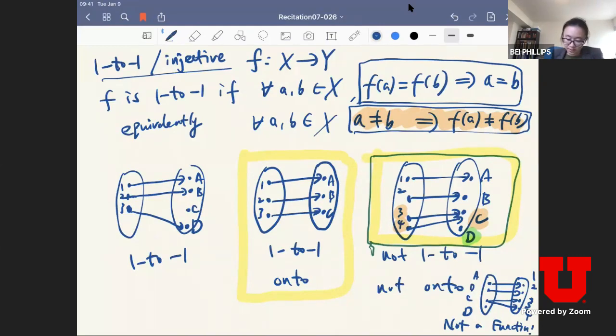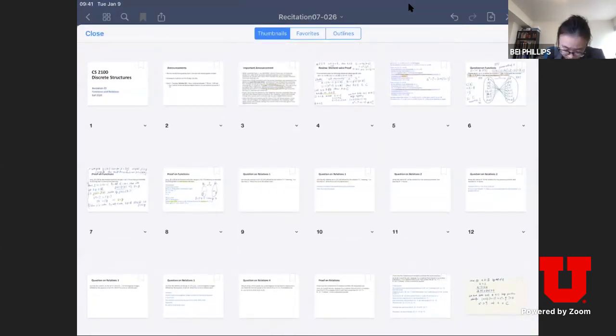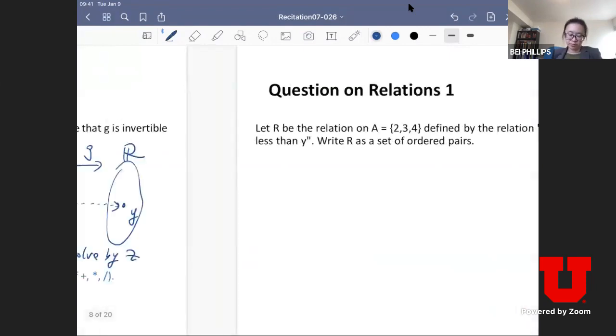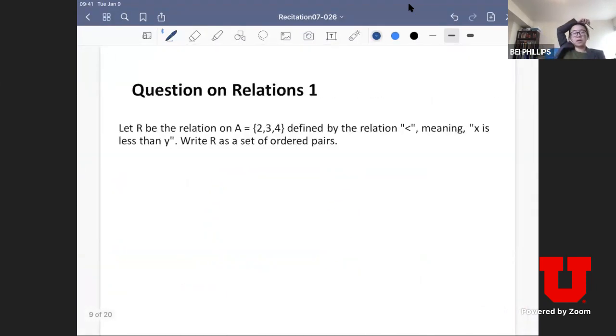Okay, all right, let's get back to one more practice question. If there's no more question on the previous one, we have gone through proving a function is invertible, which goes to the definition of onto and 1-to-1. Now I'm going to start asking questions about relations.